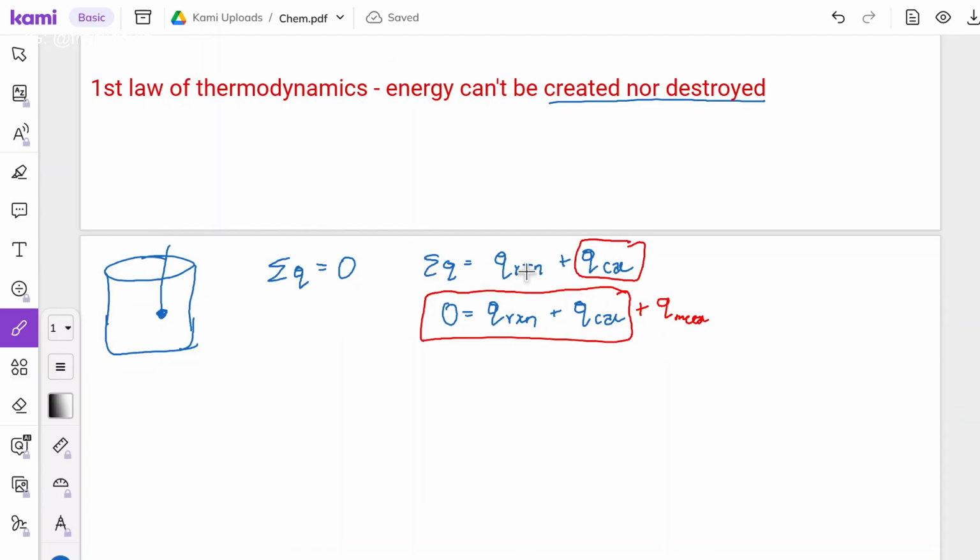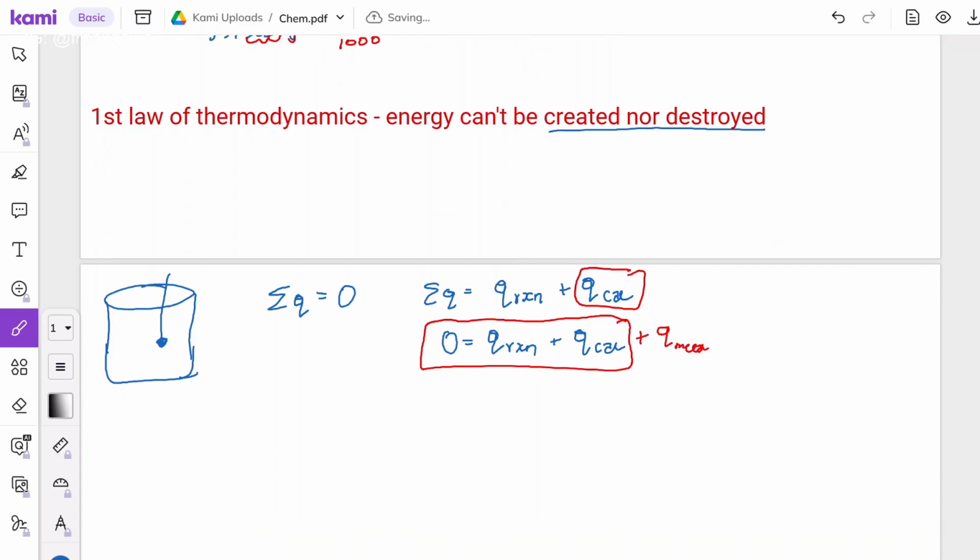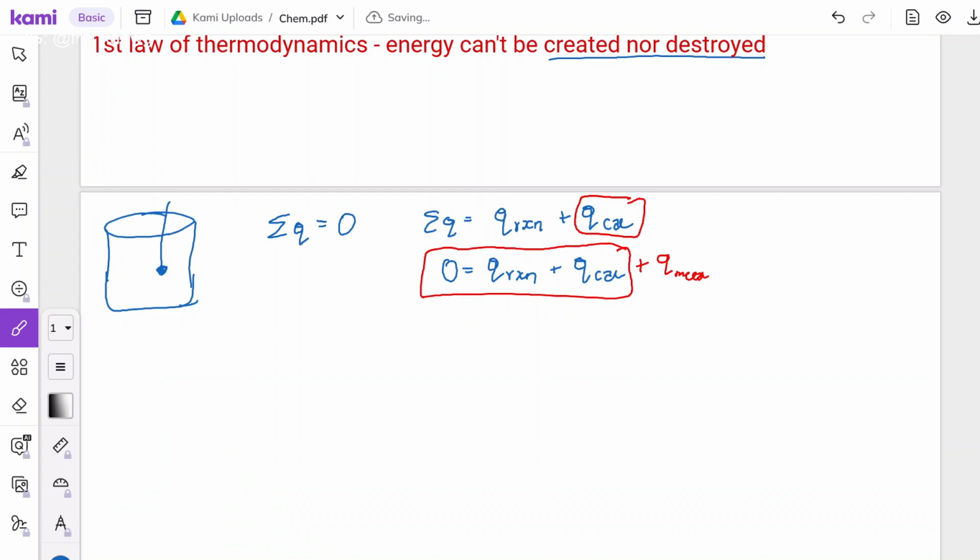The Q of the reaction is basically what we did earlier, where you solve for Q given the mass, the specific heat, and the temperature change. But for the Q of the calorimeter, since the calorimeter is the system itself, it doesn't have a mass. The Q of the calorimeter is just the specific heat of the calorimeter times the change in temperature of the calorimeter.